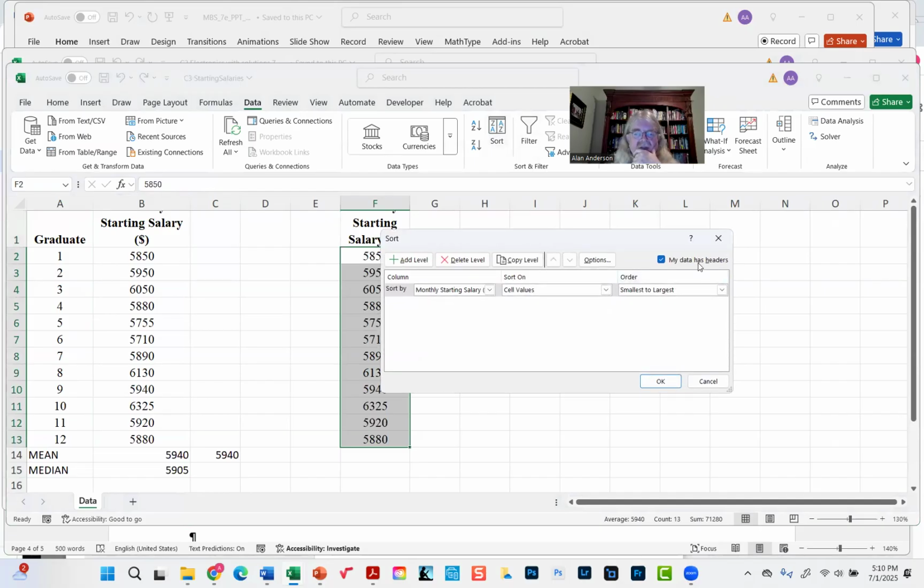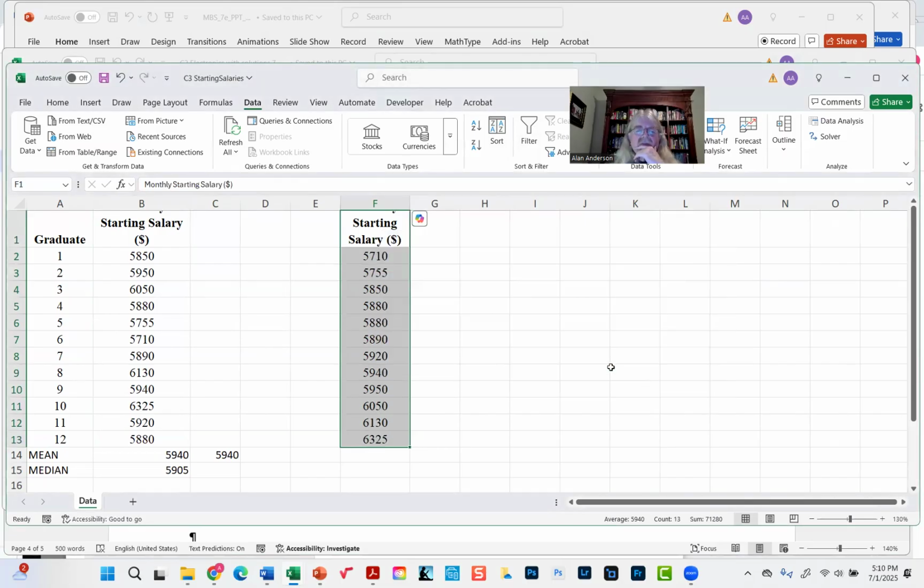Make sure you click on my data has headers, otherwise it'll try to include that header in your sorting. And by monthly starting salary, we're going to sort on the cell values. Let's do the smallest to the highest. And there's 12 observations. So we're going to find the average of these two.